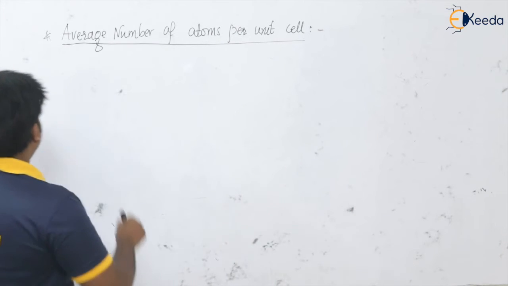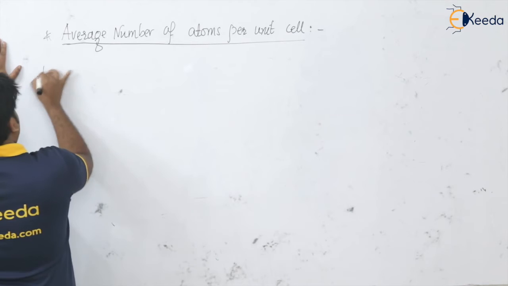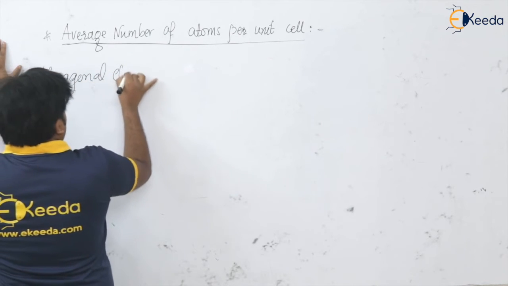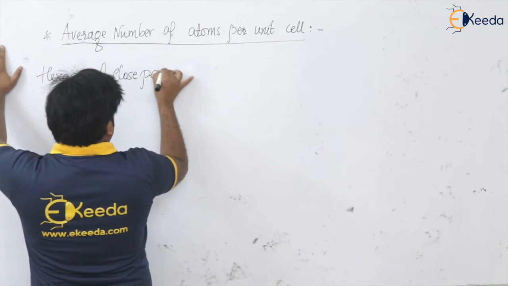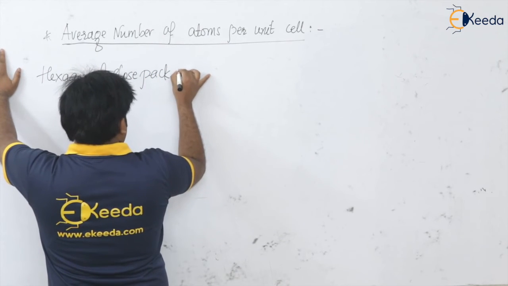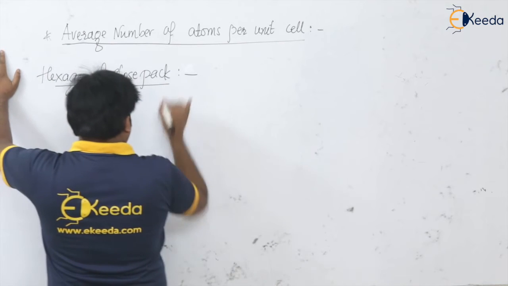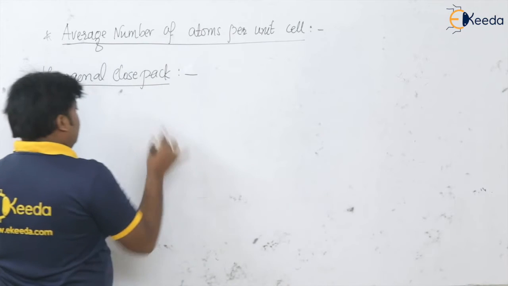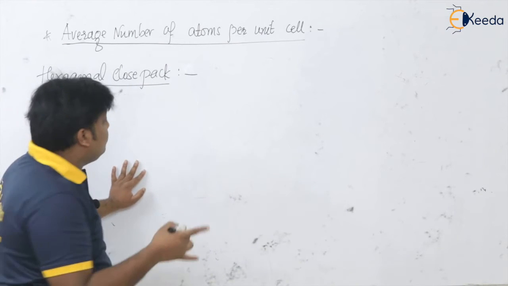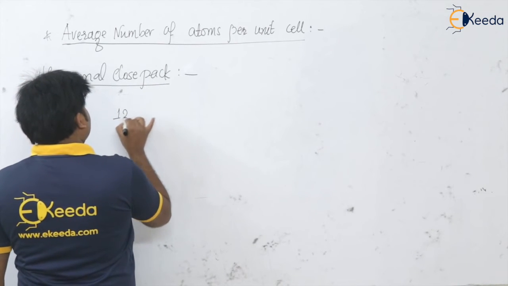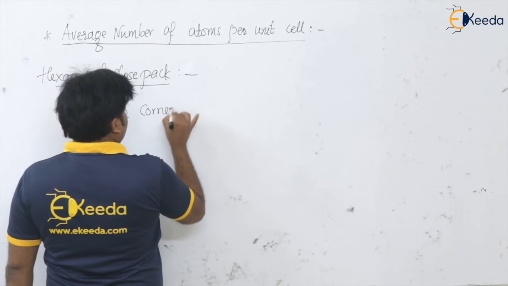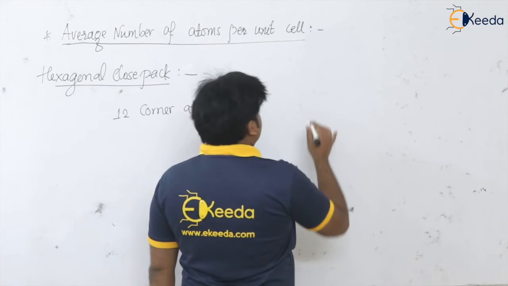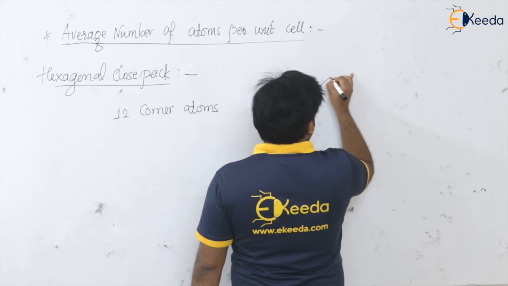So now we will also calculate for the hexagonal close pack structure, HCP. सो हेक्सागोनल में क्या होगा, there are how many corner atoms will be there, 12 corner atoms. I will draw the diagram here for the hexagonal closed pack structure.